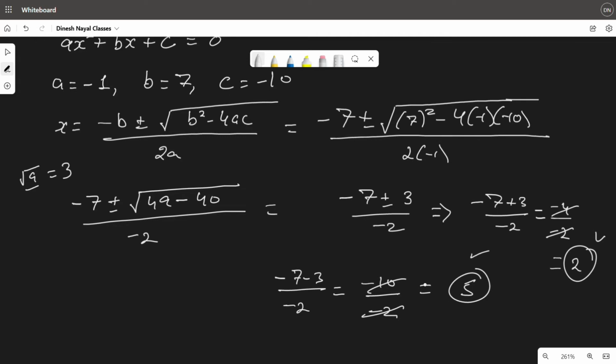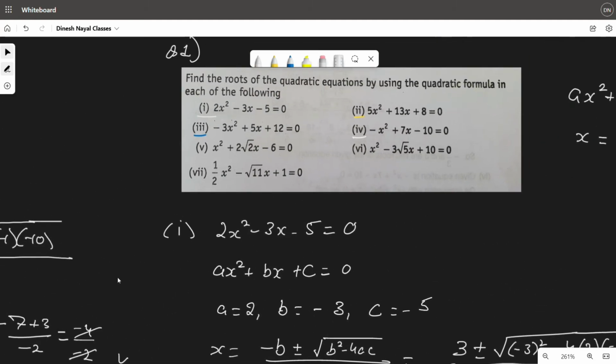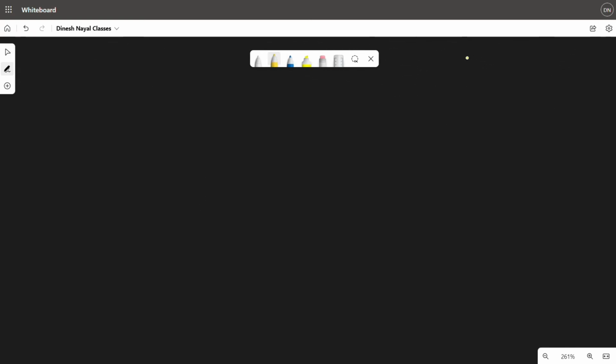Now coming on to the next part, which will be our fifth part: x square plus 2 root 2x minus 6 equals 0. So solving this over here.